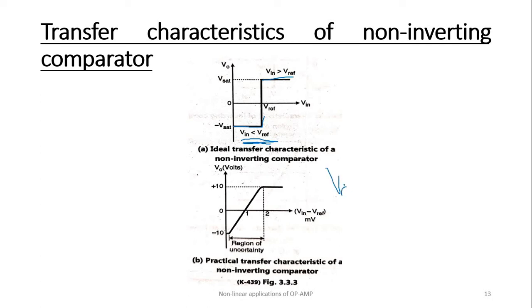Means when the Vd value is about 2 millivolt, it changes from negative to positive. The state changeover takes place gradually, and there is a region of uncertainty where we cannot exactly define the state of the output. Okay, in practice it is slow, but ideally it switches instantly.